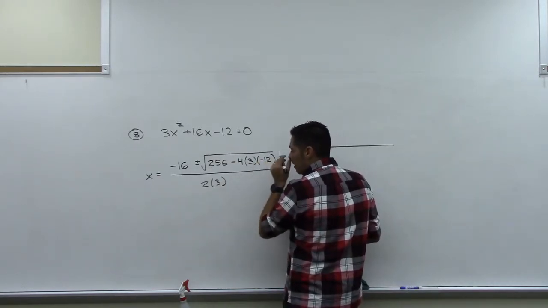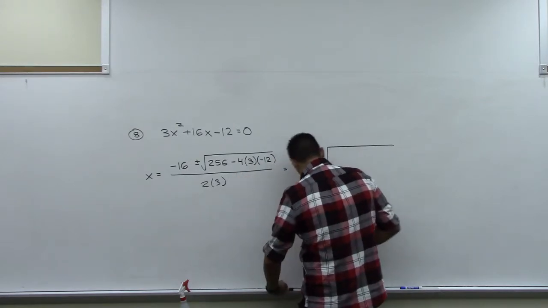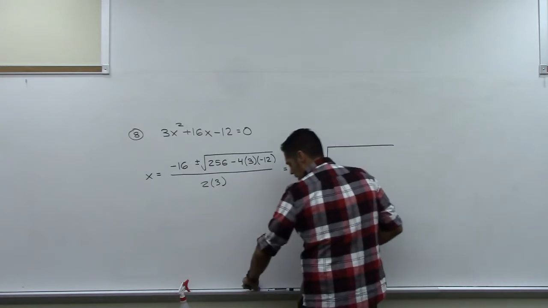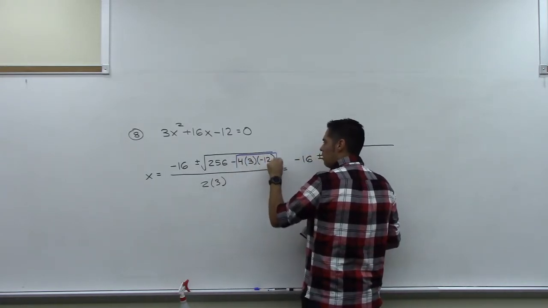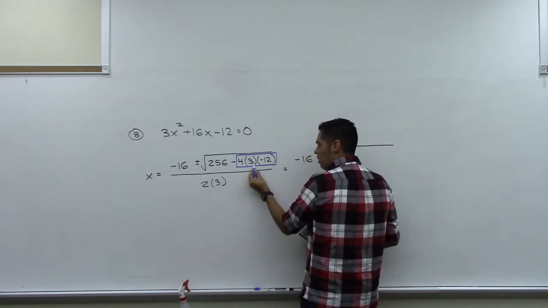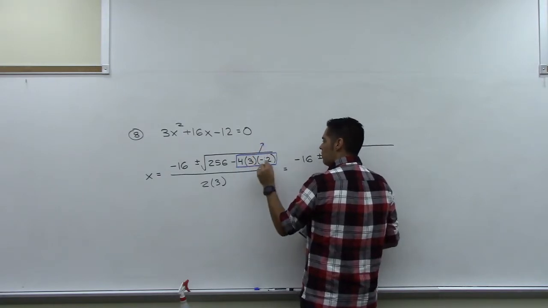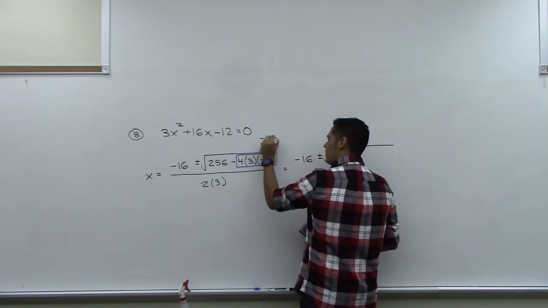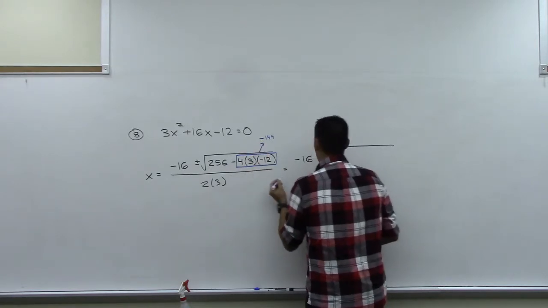So there's a couple of ways that you can do this. What I like to do is isolate everything after the negative right here, and just multiply those three numbers together. So 4 times 3 is 12, times negative 12 is negative 144. But you're going to subtract a negative, so that becomes plus.